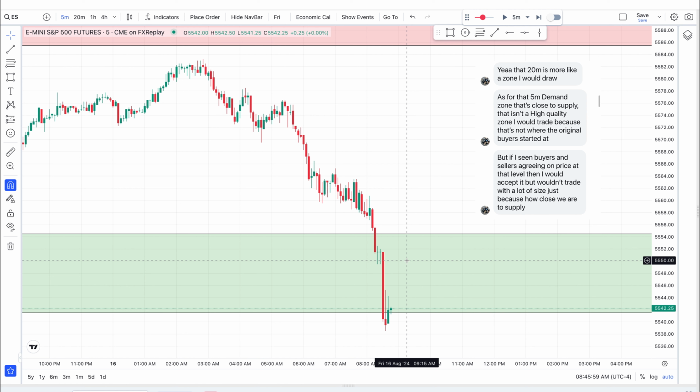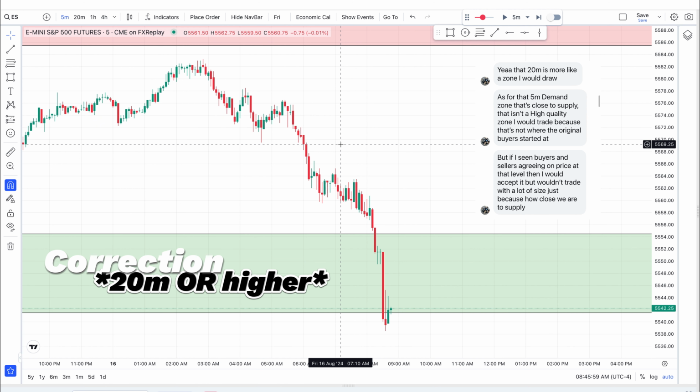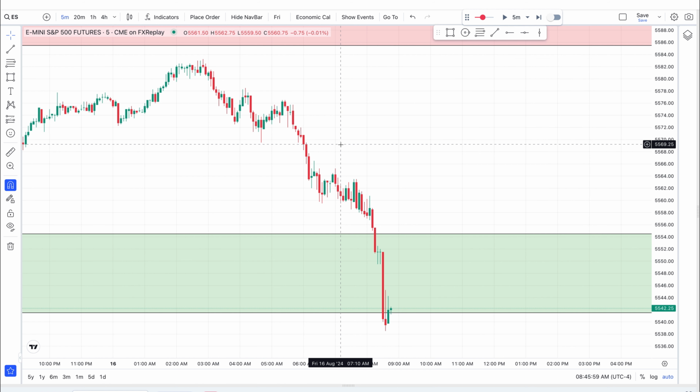The reason he says that is, we're on the 5-minute chart, by the way, and he uses the 20-minute chart to mark out his supply and demand zones. Being that we're on the 5-minute chart and trading really close to supply, he said that makes this demand zone low probability.